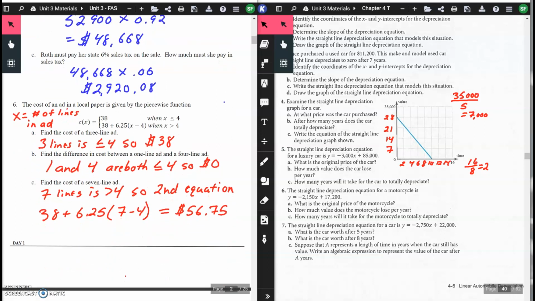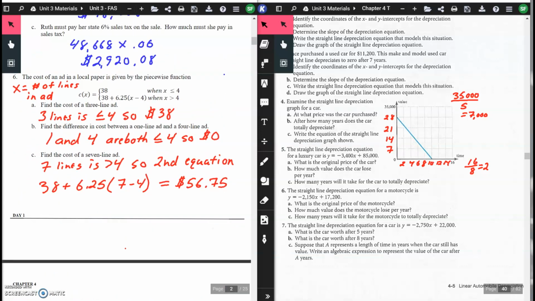And problem number 6. The cost of an ad in a local paper is given by the piecewise function. So a piecewise function, guys, is just more than one equation. So you got a first equation here, 38, okay, 38 when x is less than or equal to 4, and then you have another equation, 38 plus 6.25 times x minus 4 when x is greater than 4.